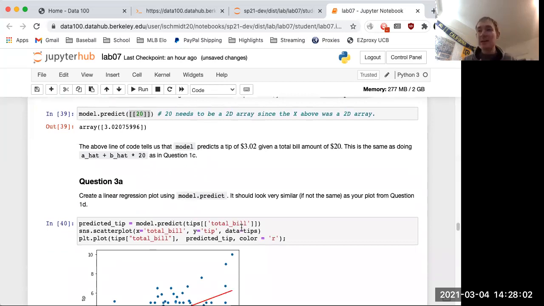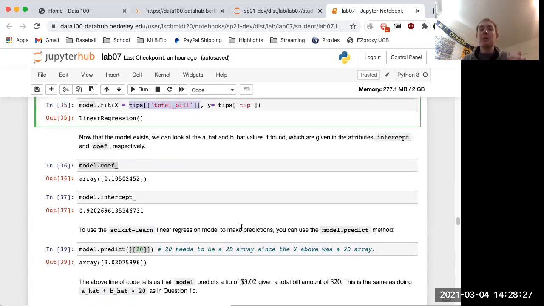But in plenty of other cases, as we'll learn very soon after the midterm, we don't want to be predicting on the data that we fit on. We want to be predicting on new data that we haven't trained our model on. But in that case, we need to make sure the data is exactly in the same format as what we call .fit on.